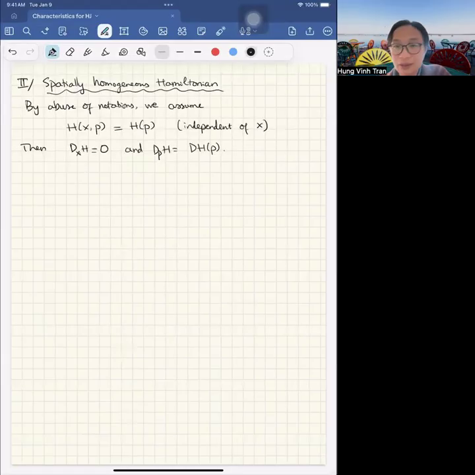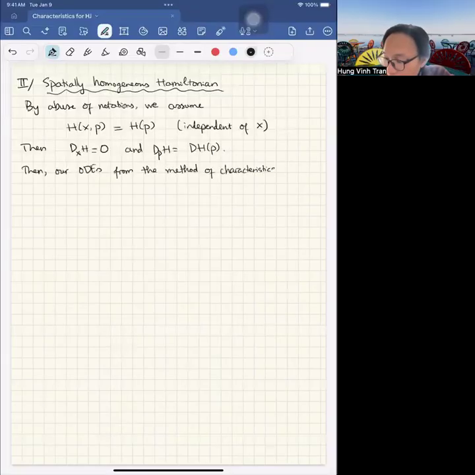In this scenario, the ODEs from the method of characteristics become: x dot of t equals d_p H, which is dH of p(t); and p dot of t equals minus d_x H, which is 0, again because there's no x dependence in the Hamiltonian.